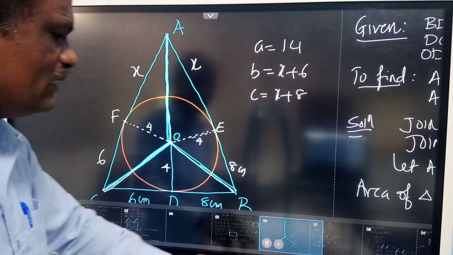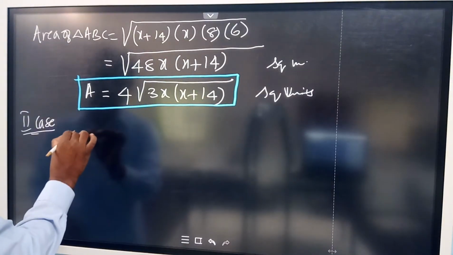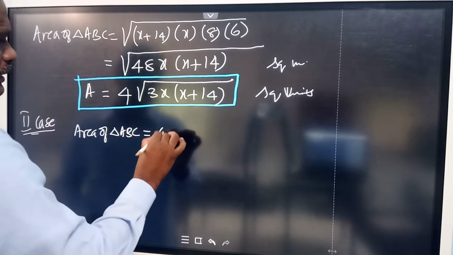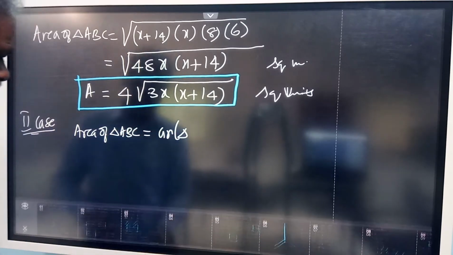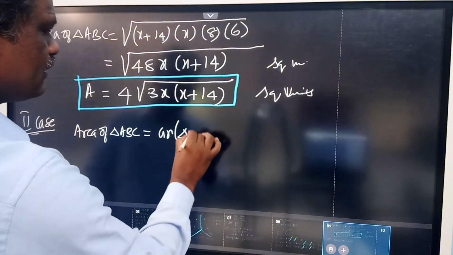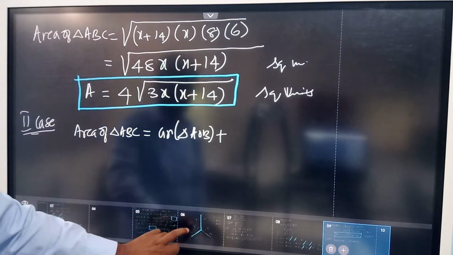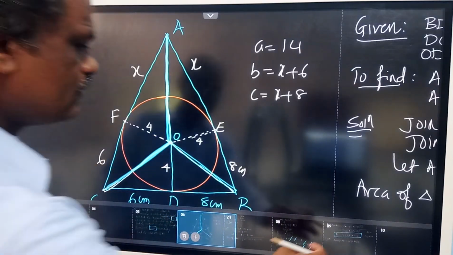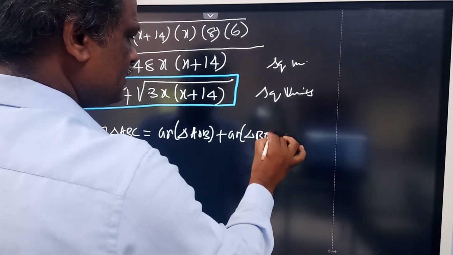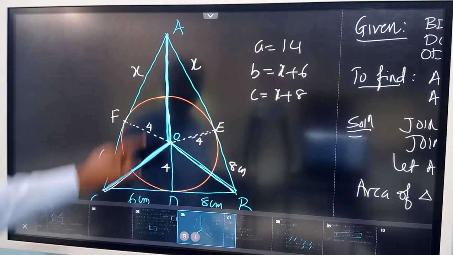So you can write area of triangle ABC is equal to area of triangle AOB plus area of triangle BOC plus area of triangle, look at the diagram and tell me what is that?